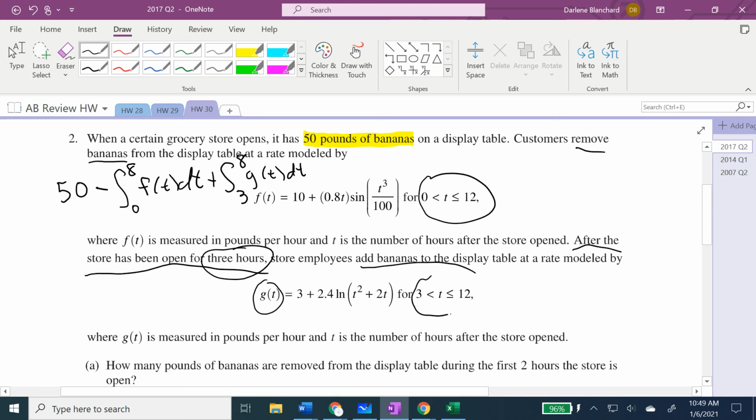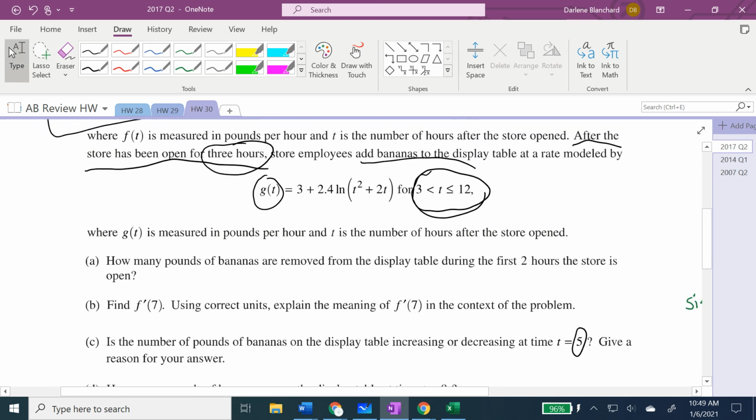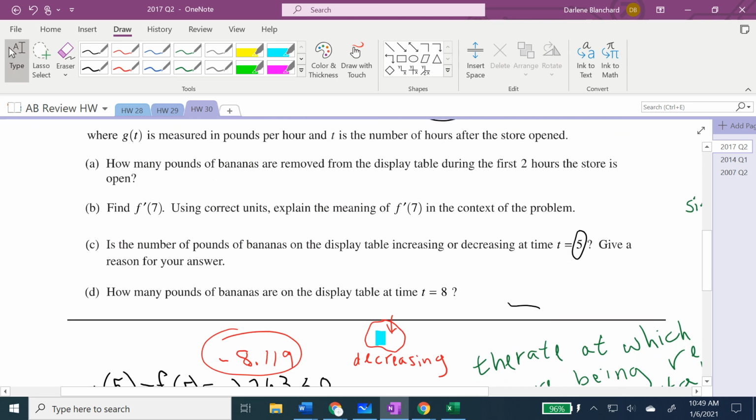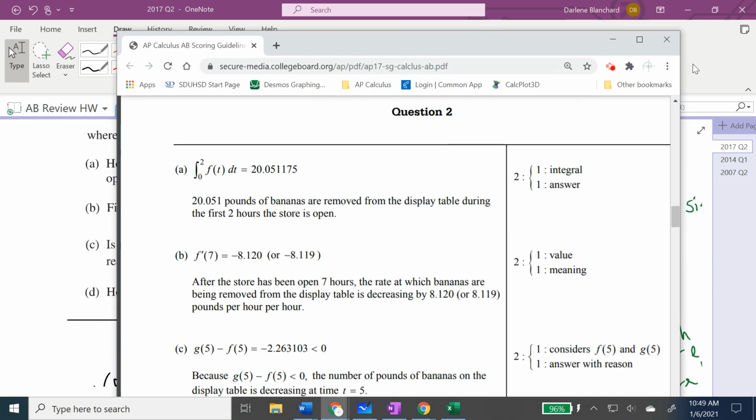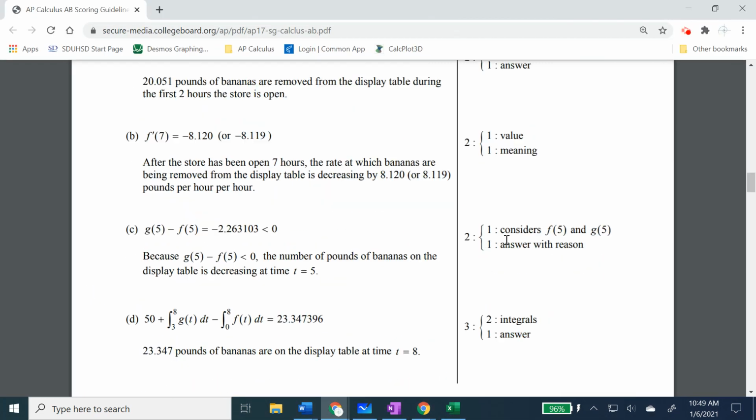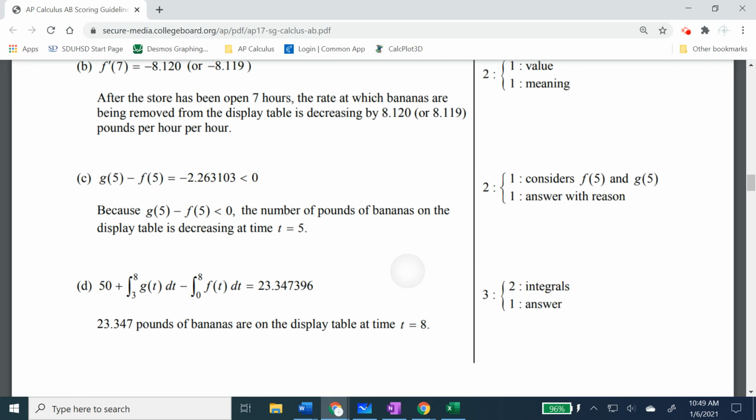And to point out, g is only viable for between 3 and 12. Write down this expression, let your calculator solve the whole thing, and write that answer down. And let's see if that's what they needed. Yep. And then I can show you the answer that you should be getting.